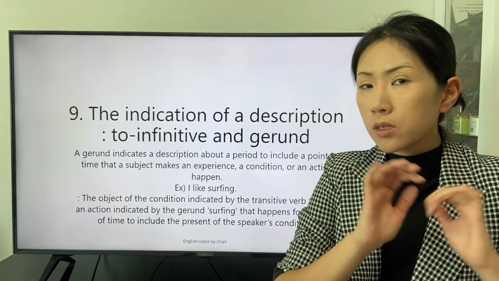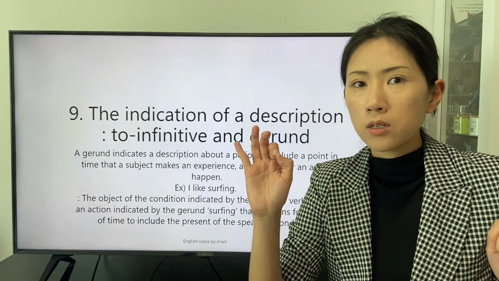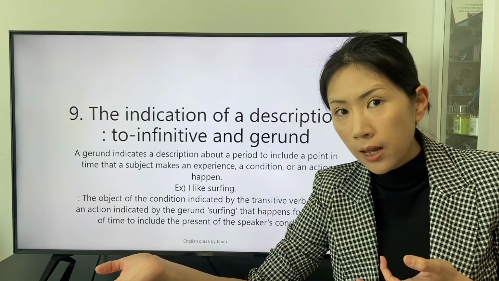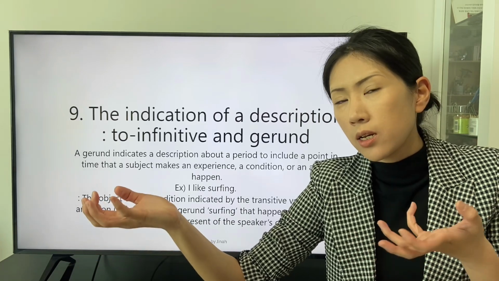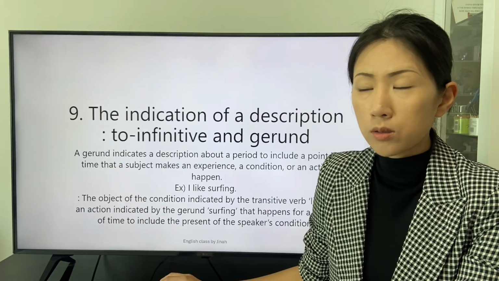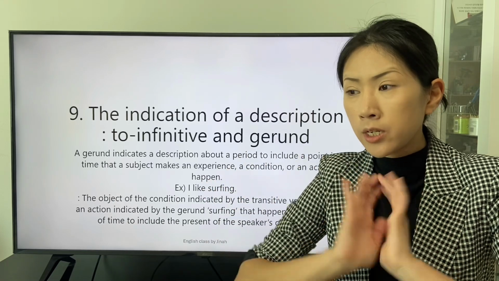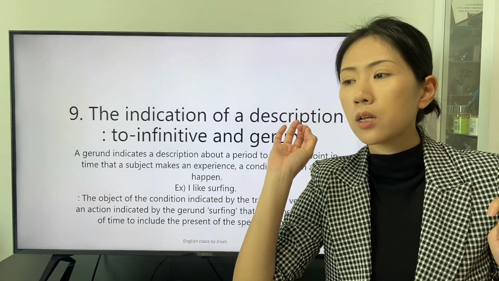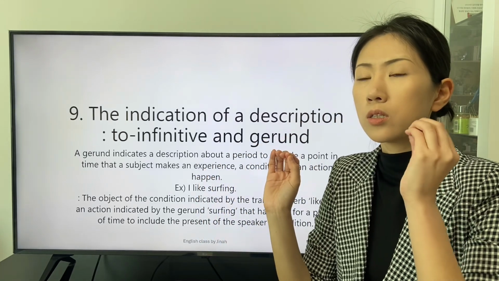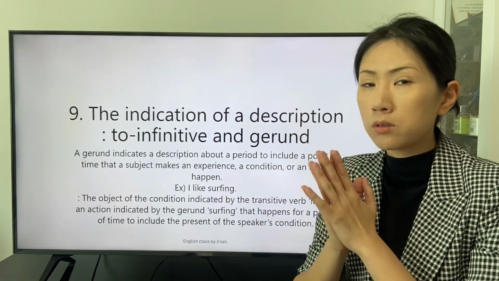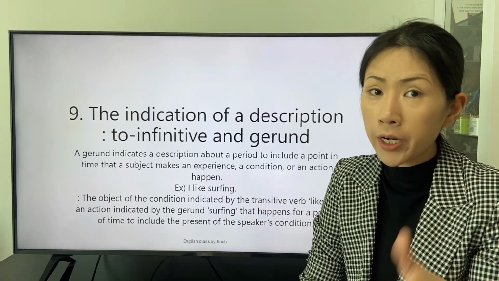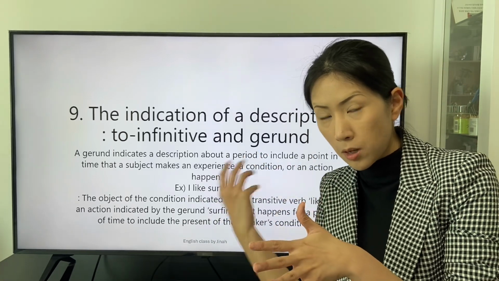So the speaker likes the period when the speaker happens the action surfing. So the indication about a description connotes information about the time compared to the description about the subject.